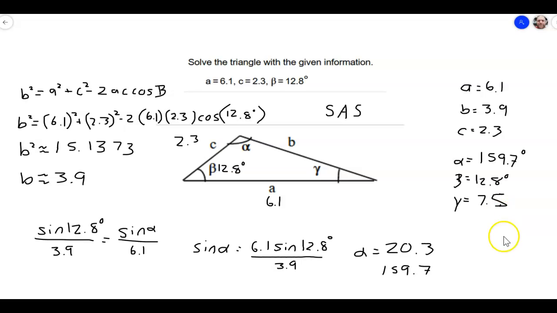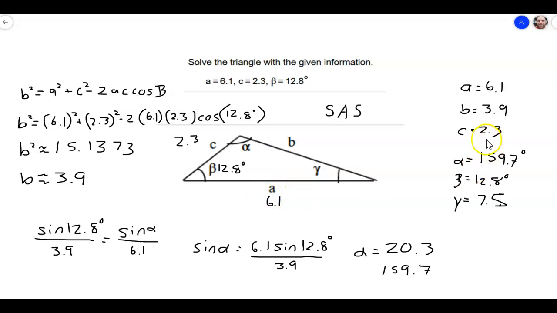All right, so kind of a long process here. Not too many questions in this section, but this is how you go about finding it. Just remember that when you take the inverse sine function, you have to look at both that angle and 180 minus that angle and see which one fits your triangle. And remember, when you're done, the largest angle should be opposite your largest side.